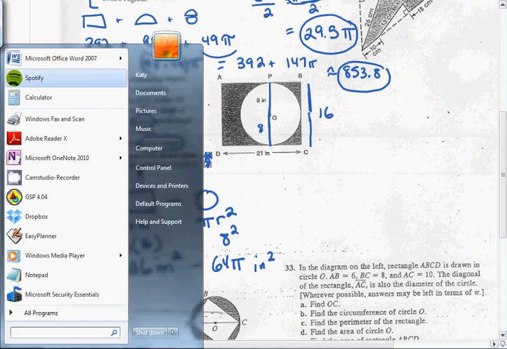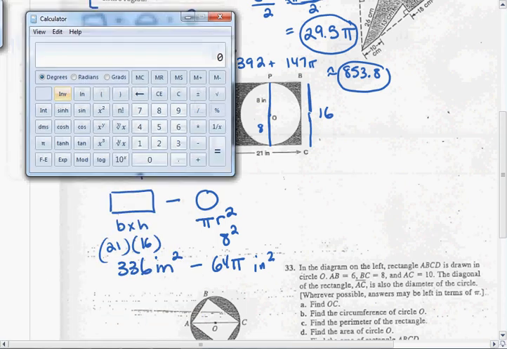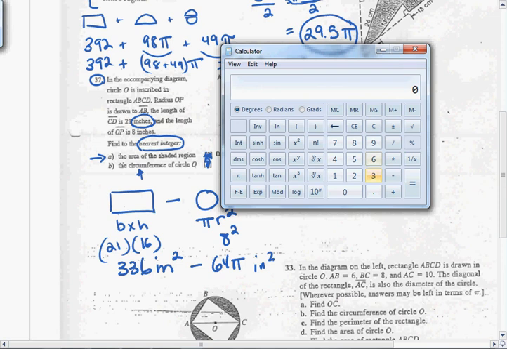So I'll use my calculator at this point and make sure I use a bunch of parentheses. 336, subtract, parentheses, and I'm going to put in that whole quantity, 64 times pi, close my parentheses.